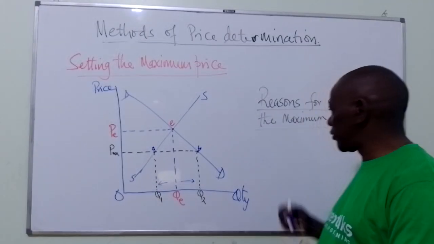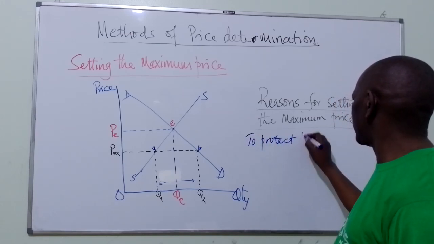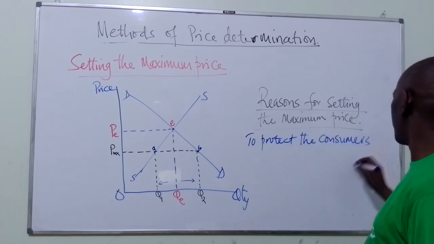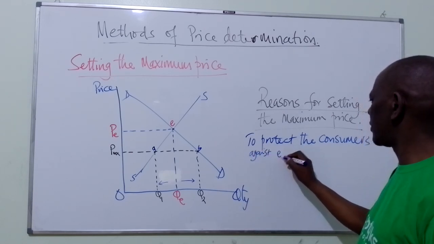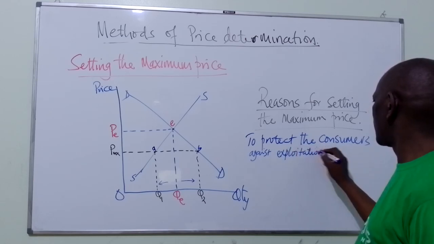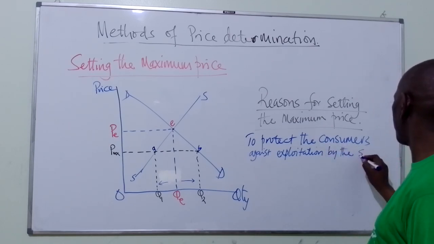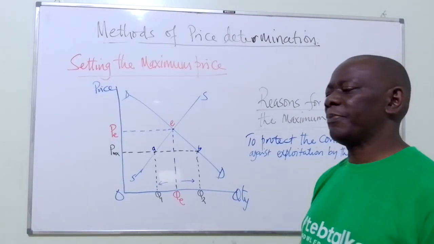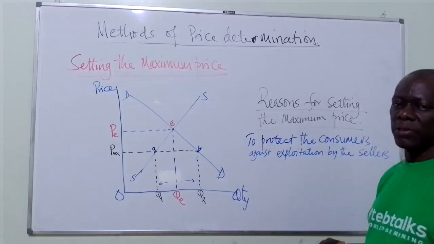So the first reason is to protect consumers against exploitation by the sellers. The sellers may be profit driven, and they want to get as much profit as possible. So government sets a price.